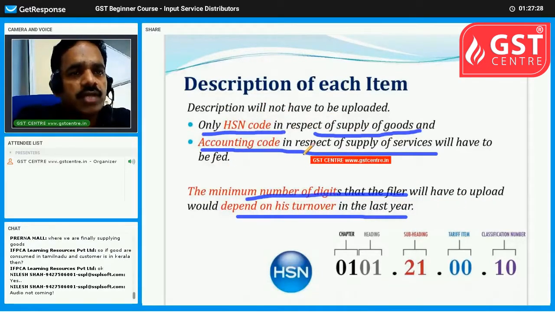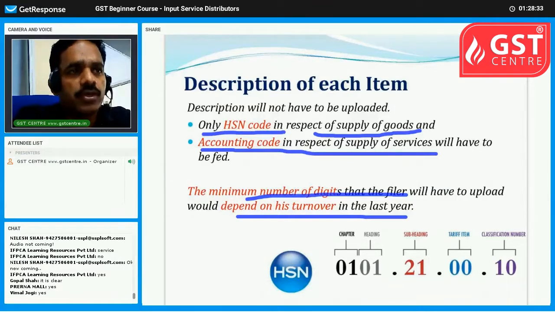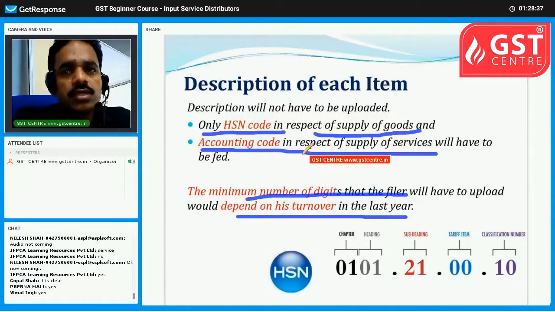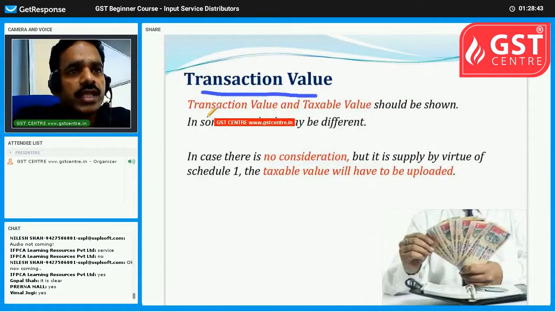So the important point is HSN code for goods and accounting code for services. HSN code is used for supply of goods, and service accounting code is used for supply of services. Then transaction value. There can be two values for a transaction: one is transaction value and another is taxable value.